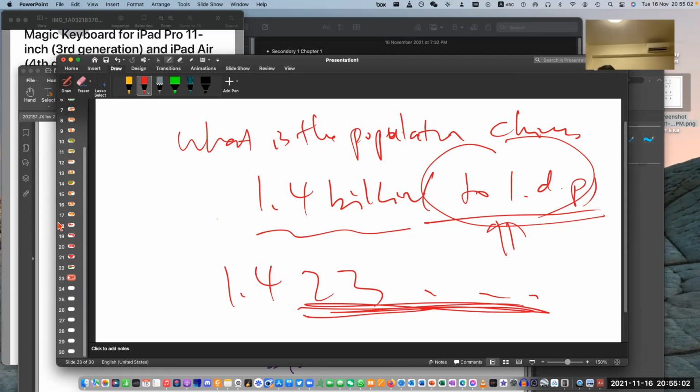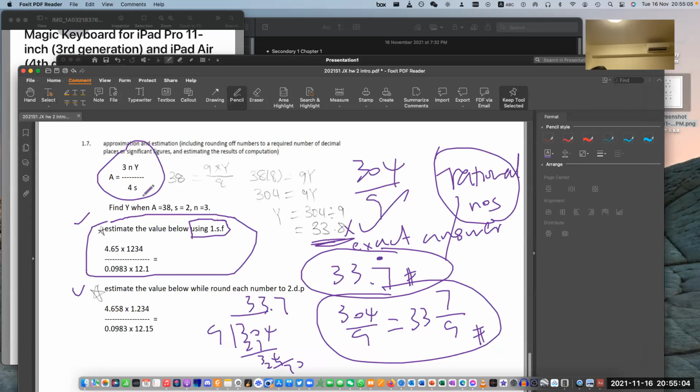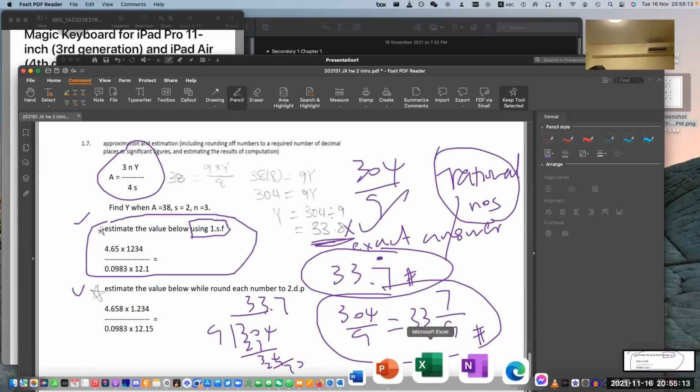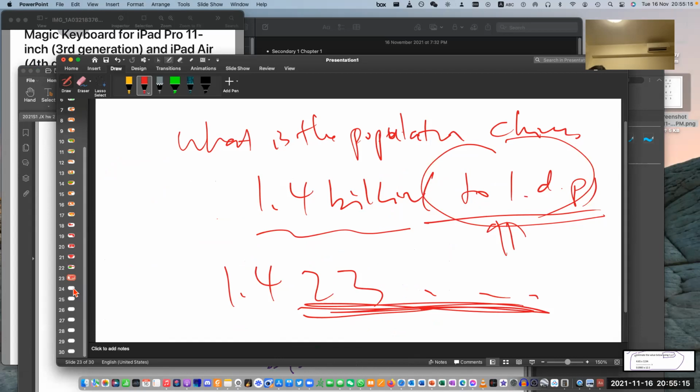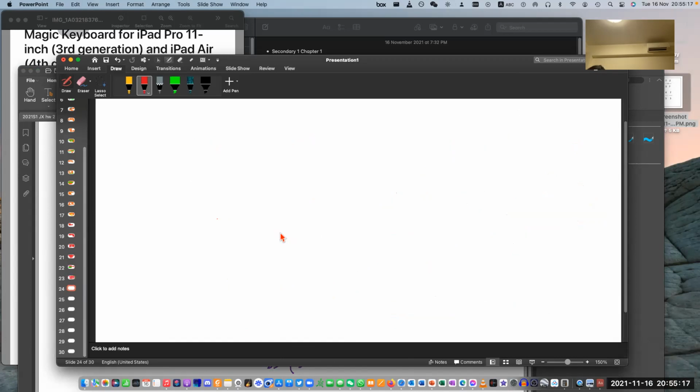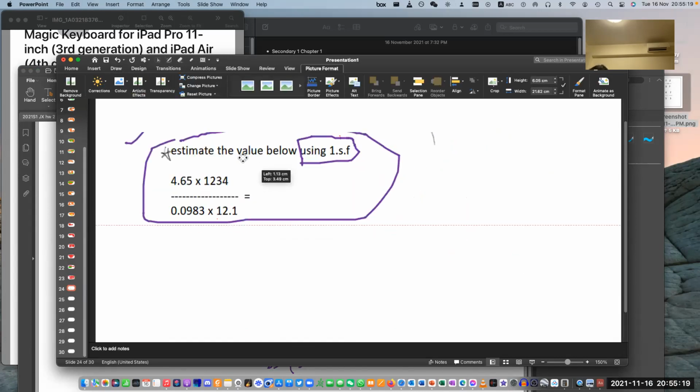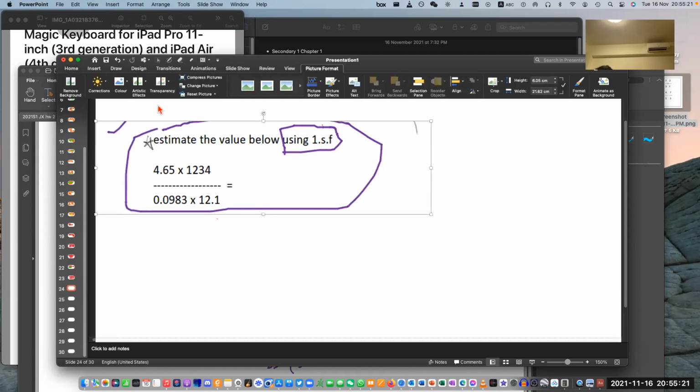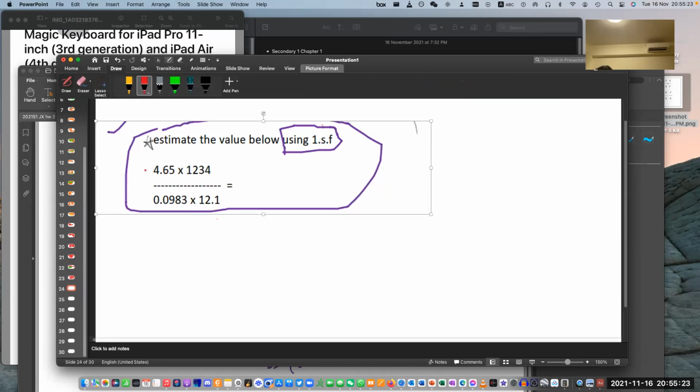All right, so let's see how we can use one significant figure to do this question. To one significant figure, you need to do one significant figure for all numbers. So 4.65, 1,234, 0.0983 and 12.1.